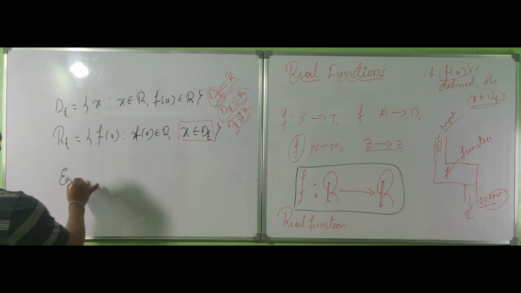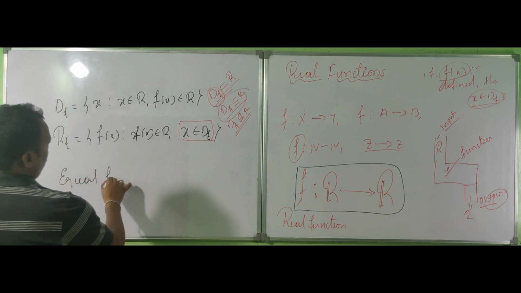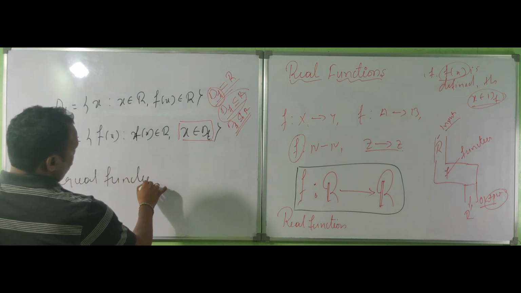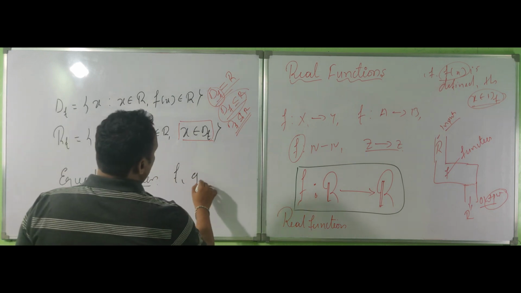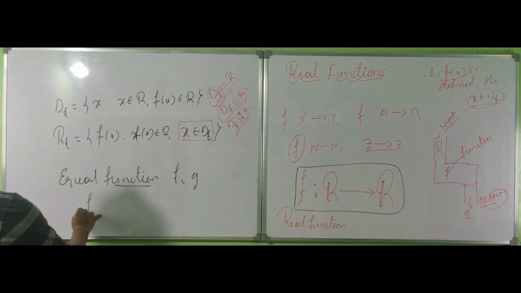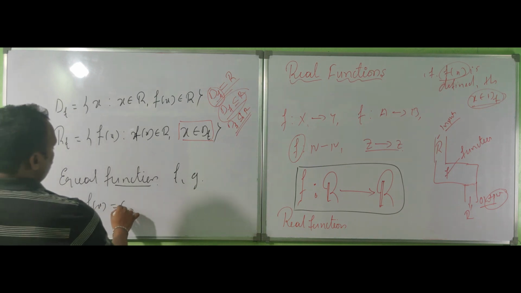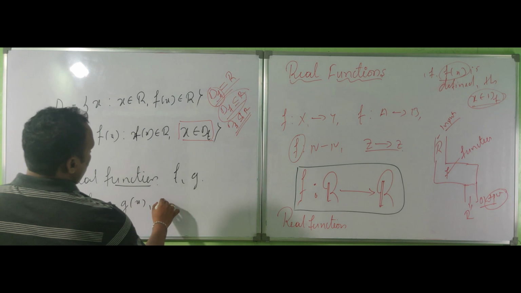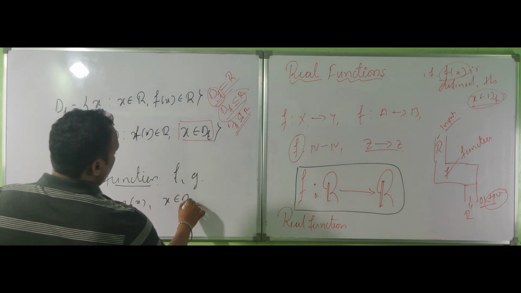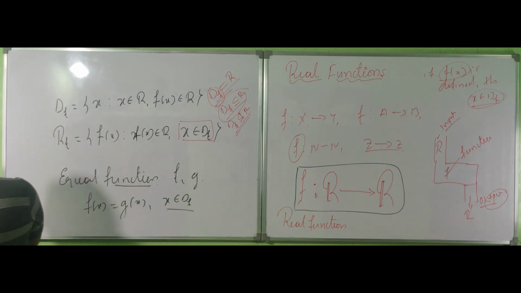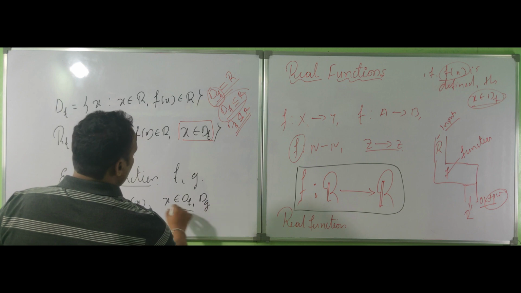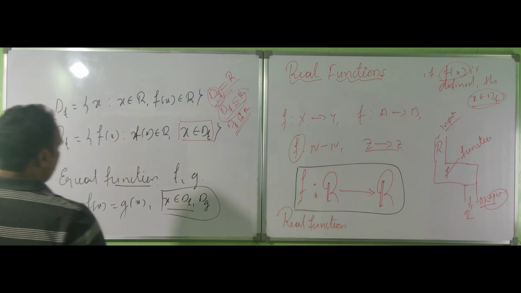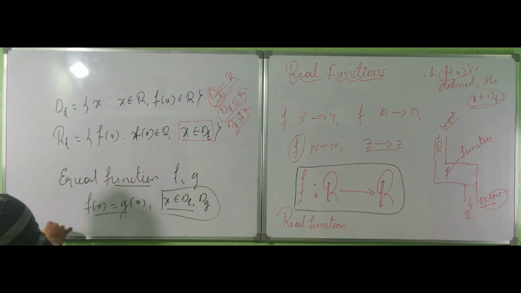Equal functions. Two functions f and g are equal if f of x is equal to g of x for all x belonging to the domain of f, and the domain of f equals the domain of g.